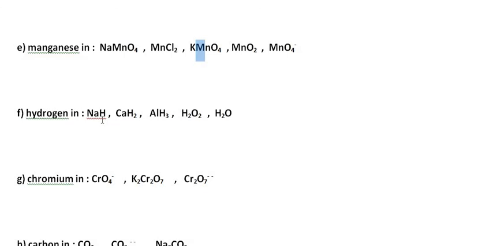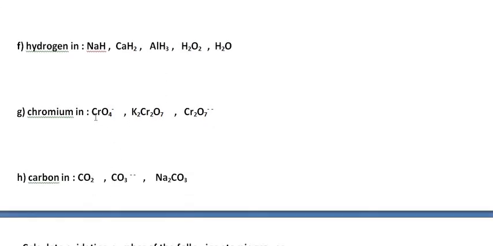Sodium hydride: minus 1, minus 1, minus 1, plus 1, plus 1. Chromium here plus 7, here chromium plus 6, here plus 6. For carbon, here plus 4, here plus 4, here plus 4. Thank you for listening.